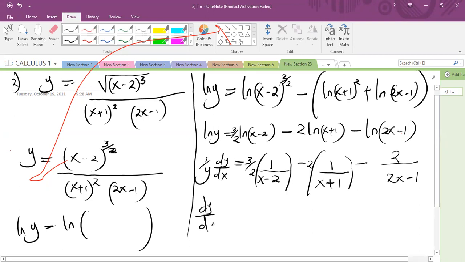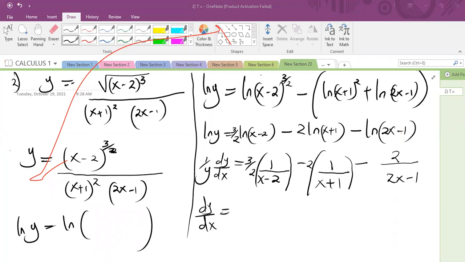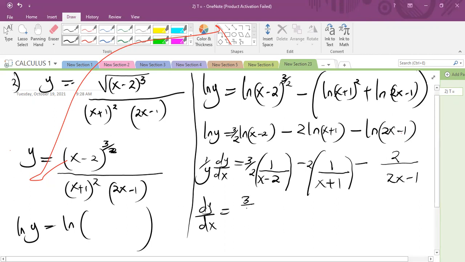So dy/dx is equal to 3 over 2(x minus 2) minus 2 over (x plus 1) minus 2 over (2x minus 1), multiplied with y.